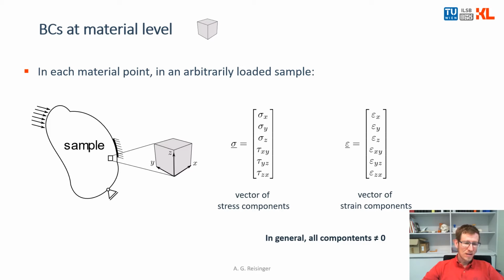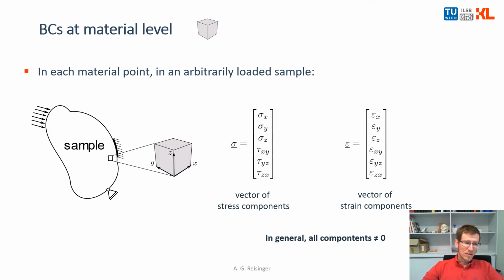And if you zoom in and look into a certain material point, as it is shown here, you can describe the stress and strain state in this specific location with these 2 vectors, with a vector of stress components and a vector of strain components. So in each of those vectors you have 6 different numbers. This is the stress in X, Y, and Z direction, and you have the shear stresses here, and the same is true for the strain components. You have strain in X, Y, and Z direction, and also the shear strains.